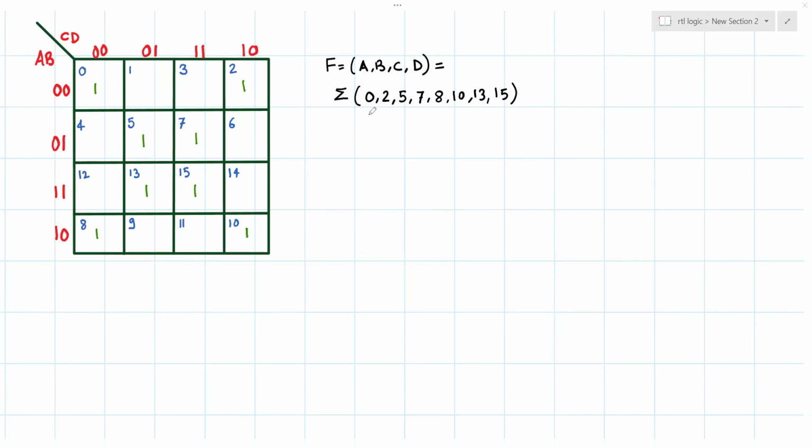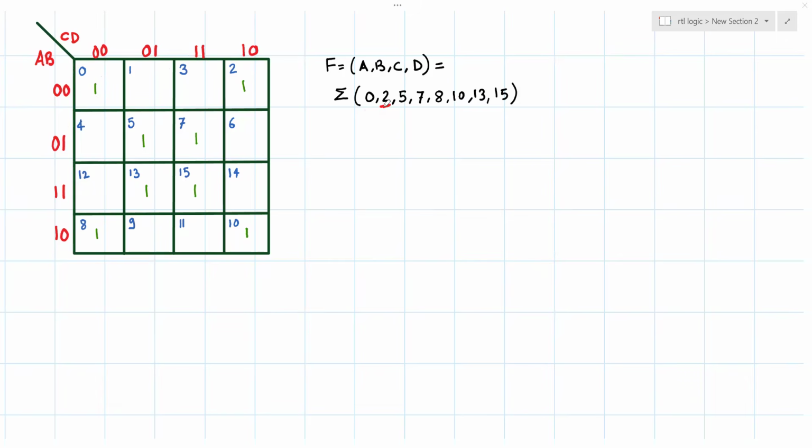When these min terms are given, you have to identify these cells inside the K-map and mark the number in the appropriate cell. For example, I want to mark 0. In cell 0, I want to mark the min term, so there is this 0, and that's why I marked 1 here.